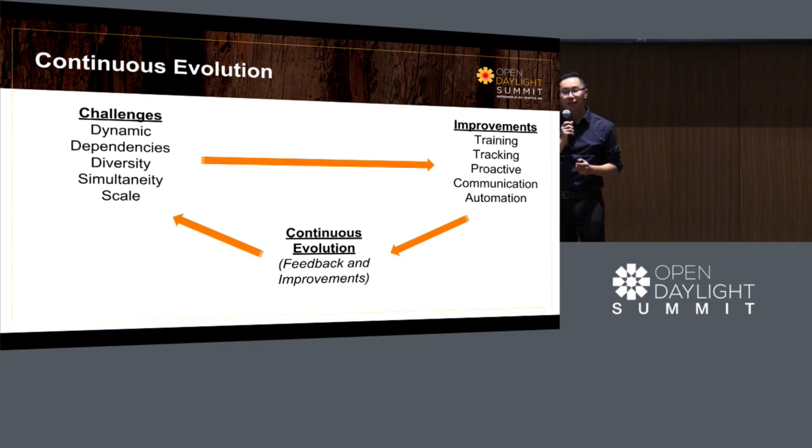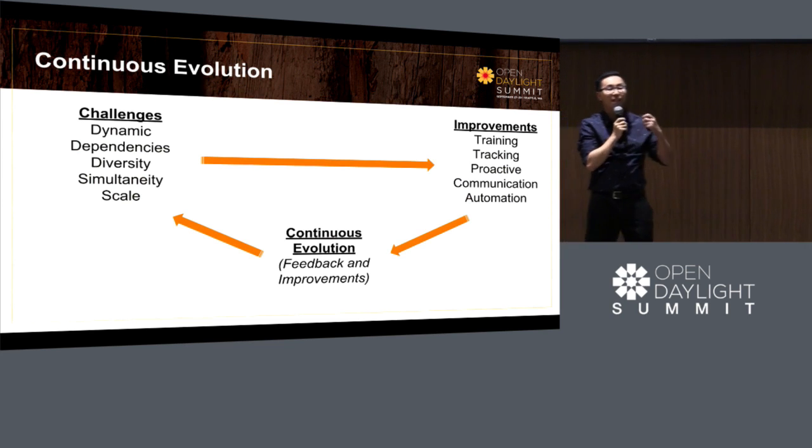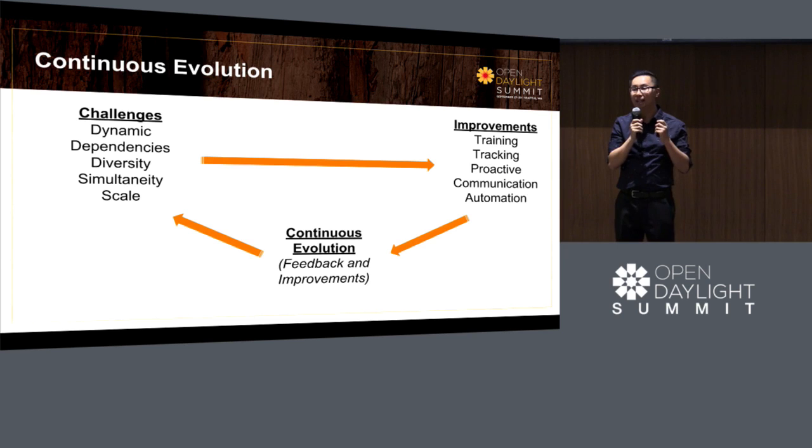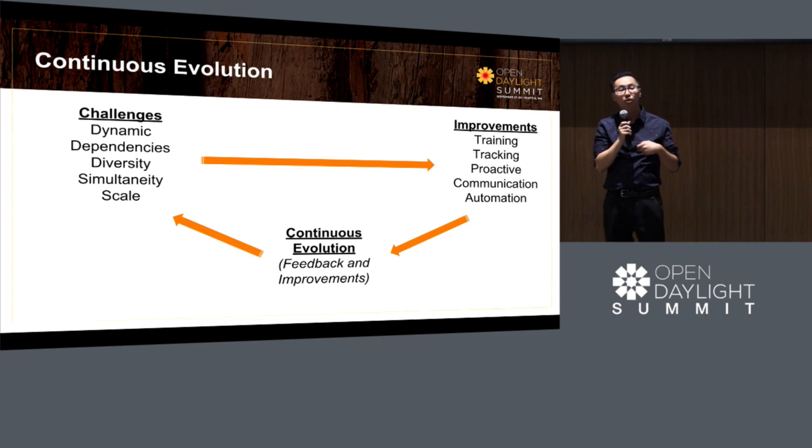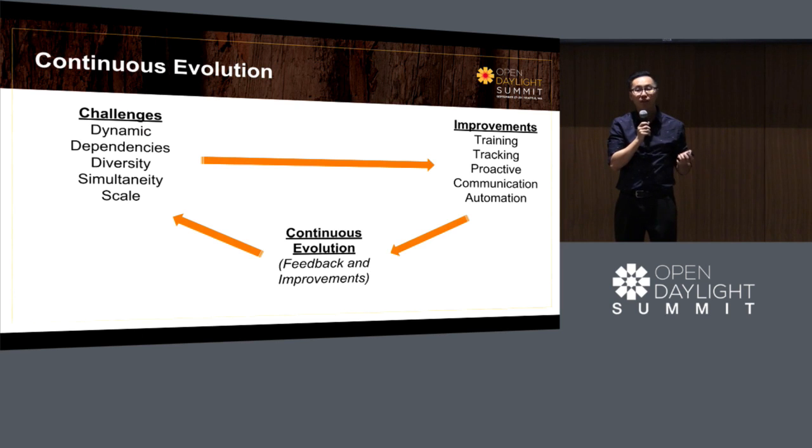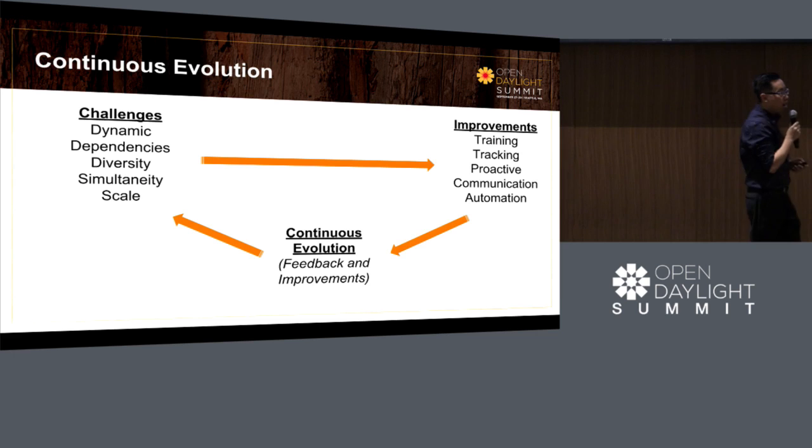If you were at the keynote, you'll hear that OpenDaylight is a very dynamic project. It's not a static project. New developers are coming in from different points of view, end users, telcos, vendors, right? And existing developers are leaving or moving to new projects or moving to different focus areas within the same project.